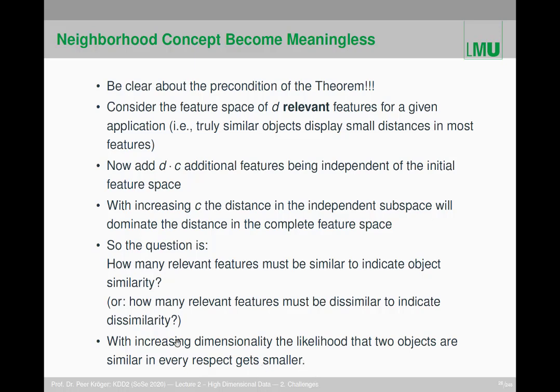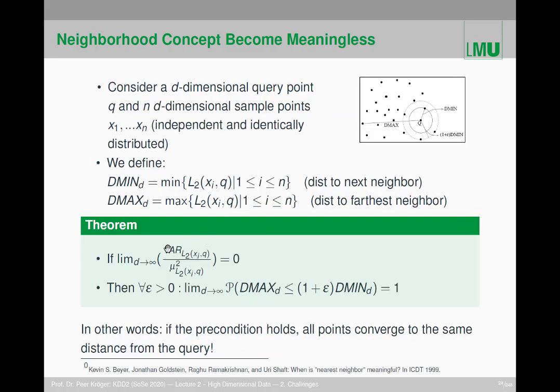That means if I increase the dimensionality of the feature space, the probability that I add features that follow the precondition of the theorem increases. So the more features I add, the higher the likelihood that those features follow these preconditions, so the higher the likelihood that I have this concentration problem. That's the point.